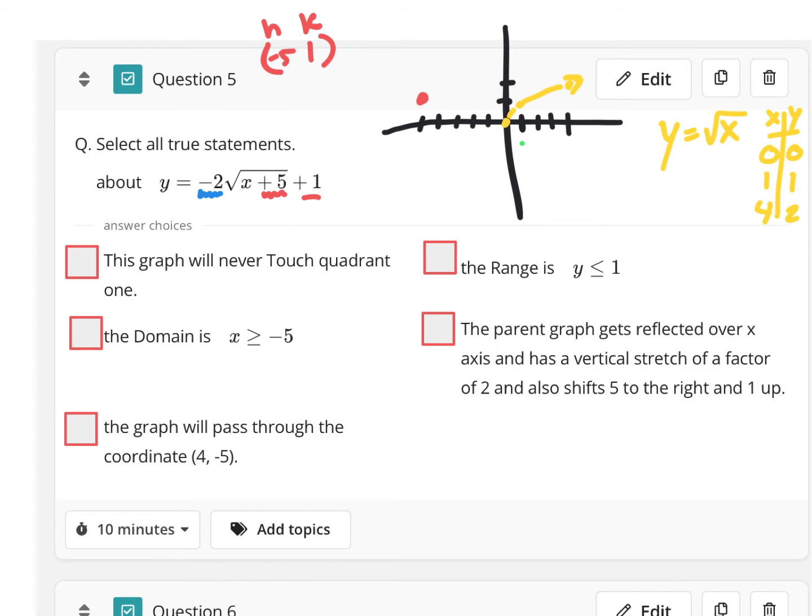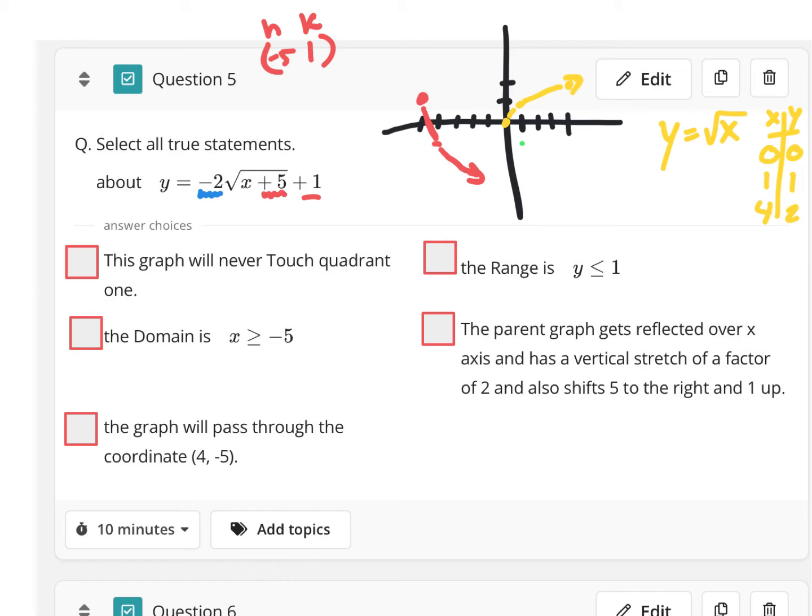So over here, it gets vertically stretched by 2, so it'd have to go down 2 over 1, if that makes sense. Like I said, it is a sketch. So down 2 over 1. We're going to draw this sketch, and it goes off in this direction forever.